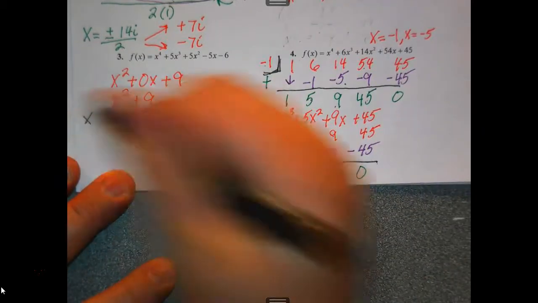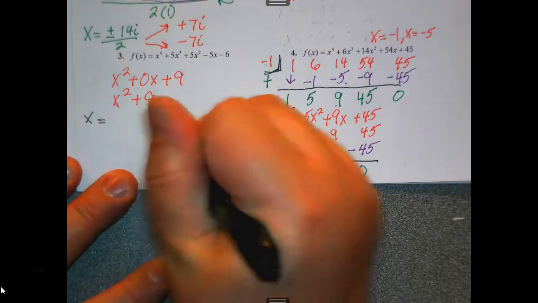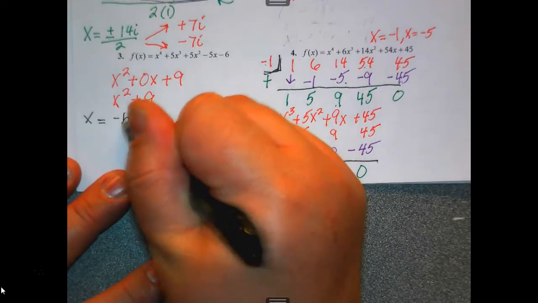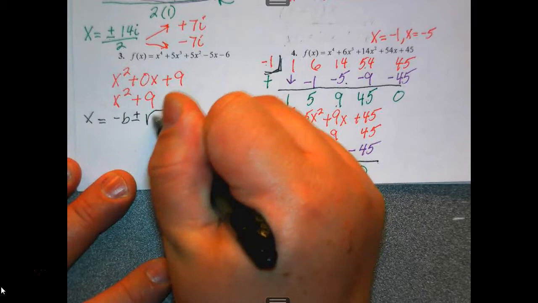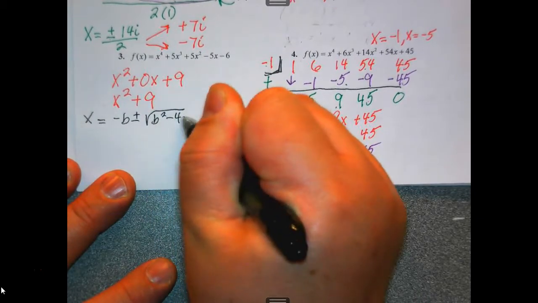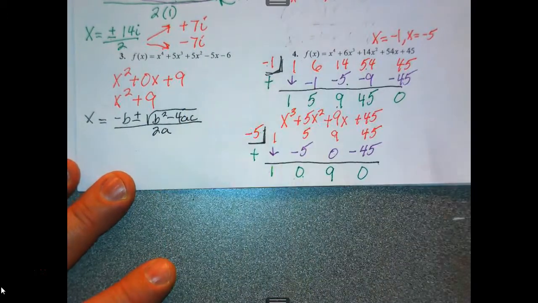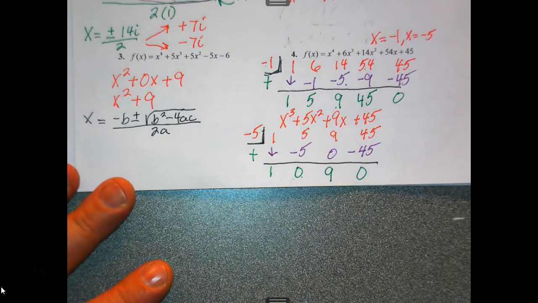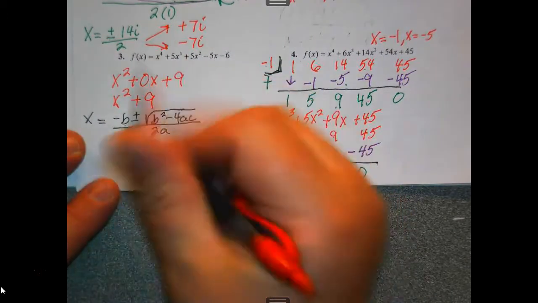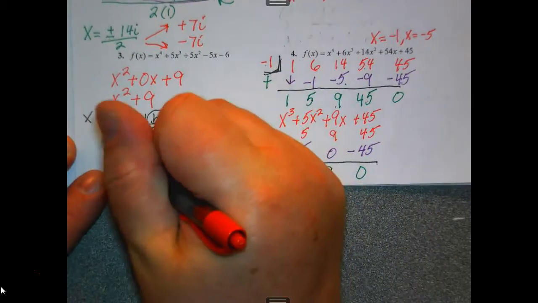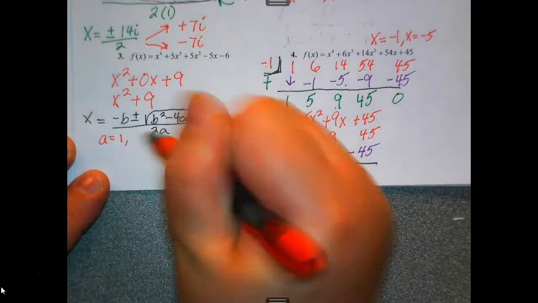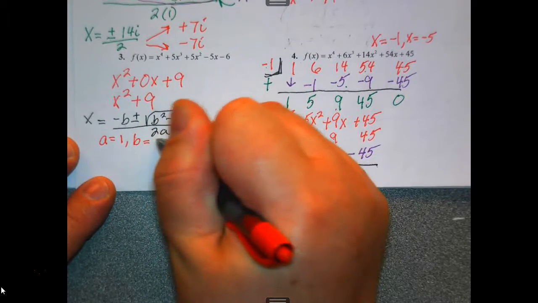So x equals -b plus or minus the square root of b squared minus 4ac all divided by 2a. What's my a? That's right, kids, 1. What's b? 0.